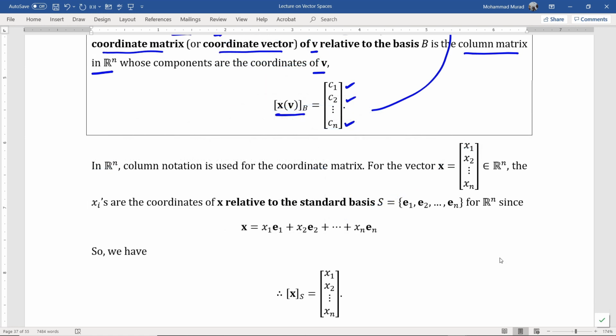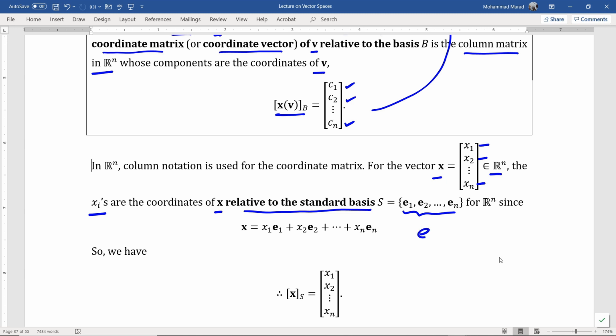For the vector x with components x sub 1, x sub 2, all the way up to x sub n in the vector space Rn, the x sub i's are called the coordinates of the vector x relative to the standard basis S with the vectors e sub 1, e sub 2, all the way up to e sub n.